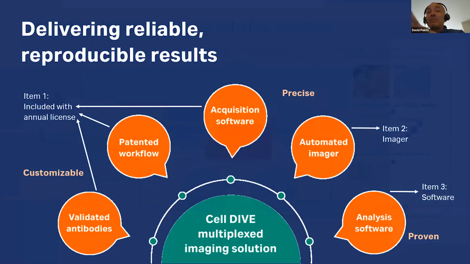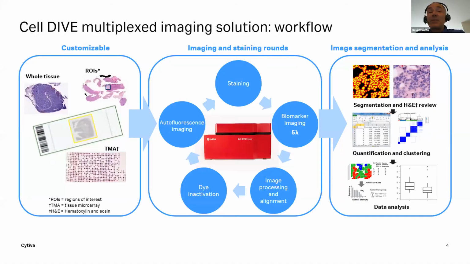If you now see the more detailed workflow, we can work with different kinds of tissue: the whole tissue, just a few or a large number of regions of interest of the tissue, or the tissue microarray. Then you will start the cycling to do the multiplex imaging. We always start with an autofluorescence imaging.